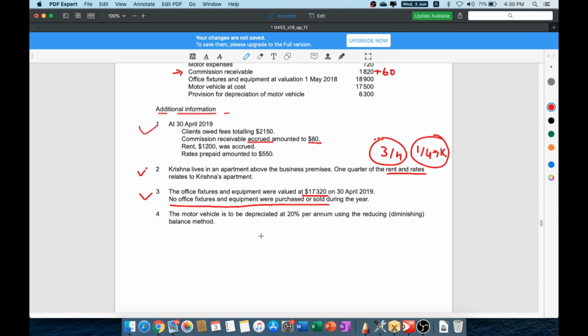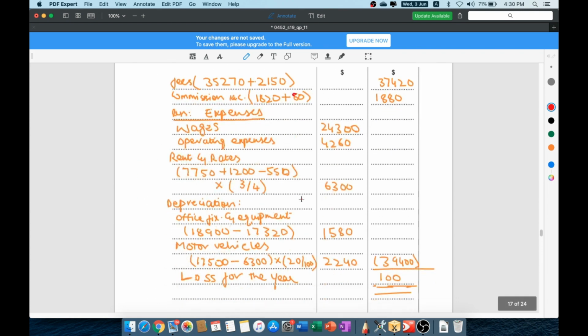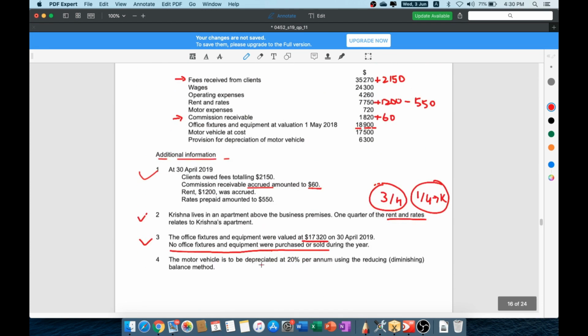So we can calculate the depreciation by subtracting 17,320 from 18,900, and that's what I've done here. That gives you 1580 worth of depreciation charge for the year for office fixtures and equipment. And then the motor vehicles, he says that they're supposed to be depreciated at 20% per annum using the reducing balance method, right?